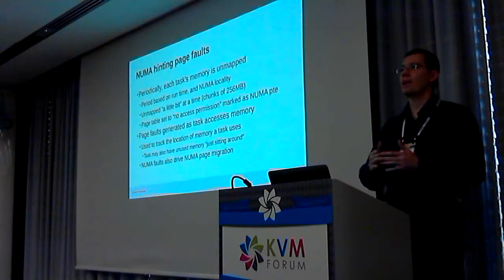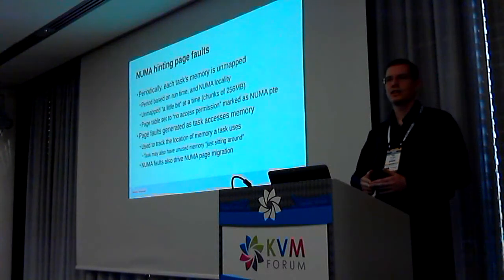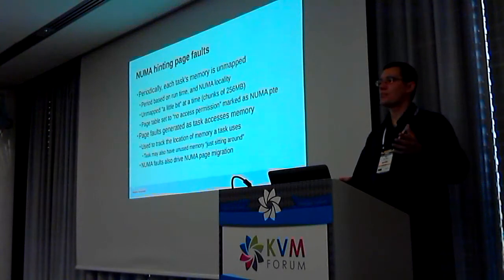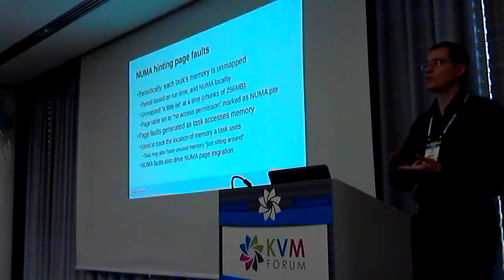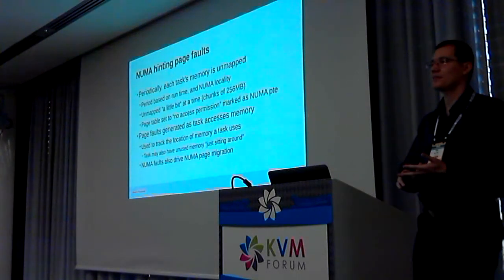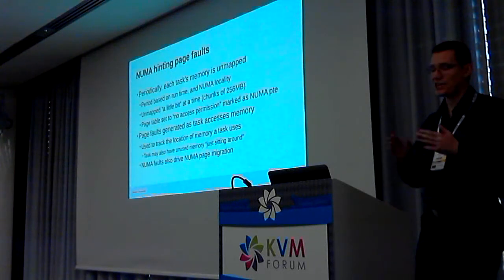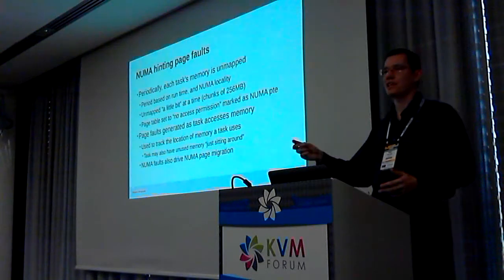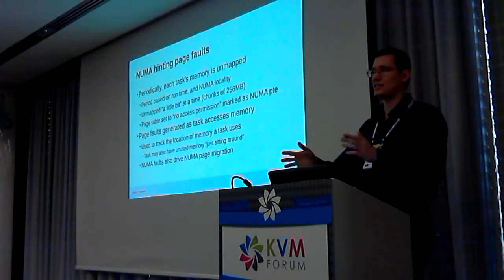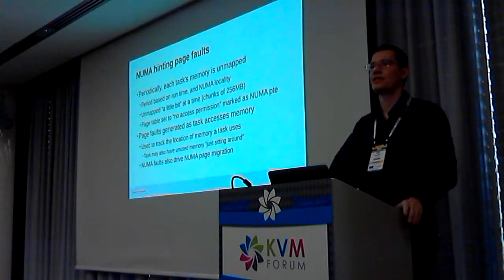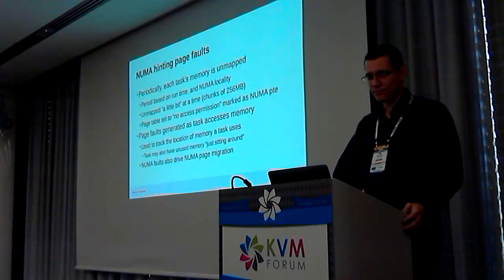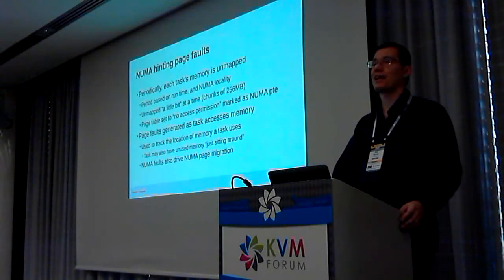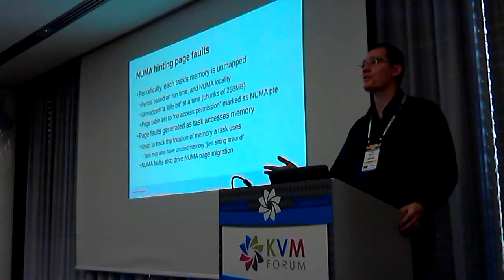So you have a page table entry still pointing at a piece of memory, but the program is not allowed to read it or write it or do anything else with it. And when it tries to access it, the CPU generates a page fault, and the page fault handler sees, oh, this is a NUMA page. So I will give it back to the program, and I will do something else with it if necessary.